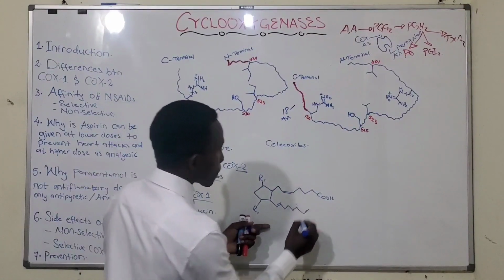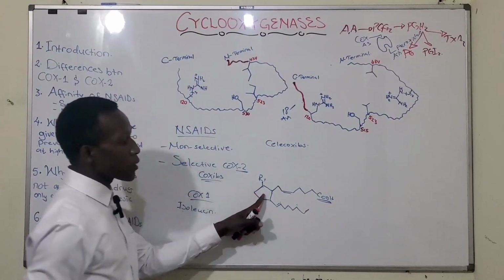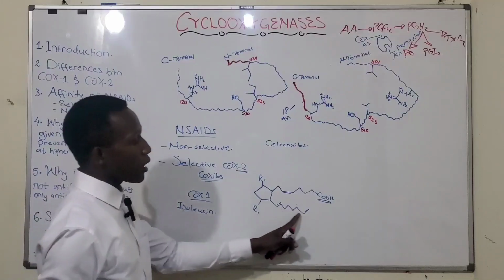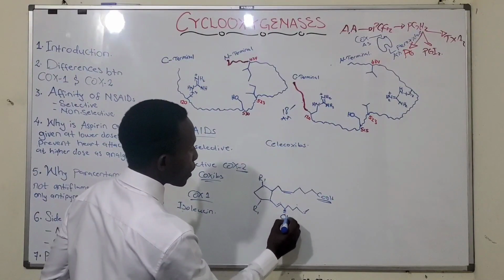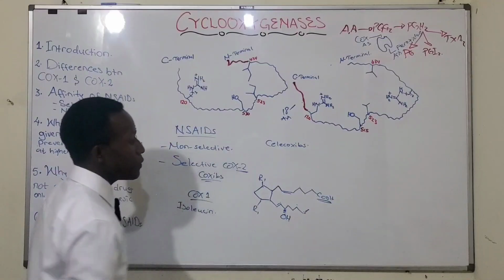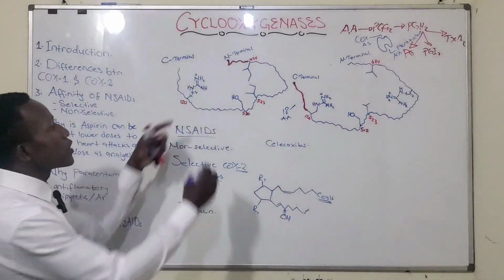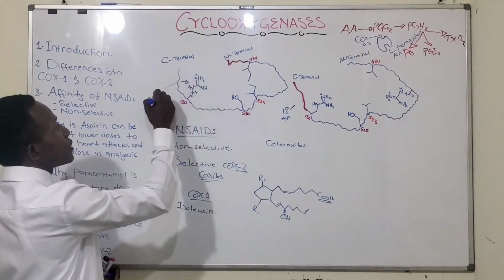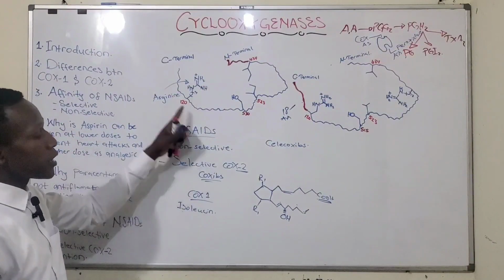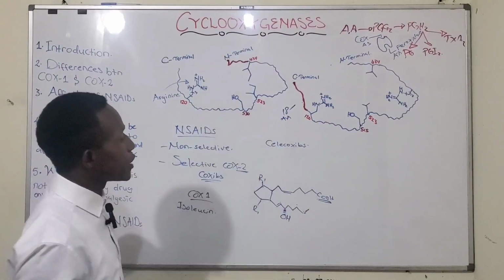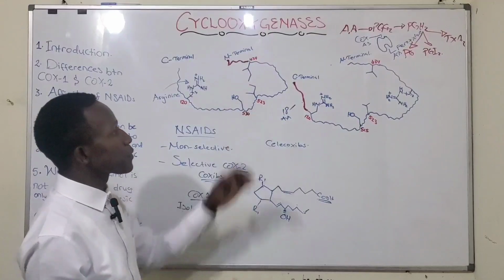This is just a sketch. They have the carboxyl group, this ring, and another chain with the alpha hydroxyl group. This one binds at this amino acid, the arginine. The carboxyl group binds to the arginine. Then these other parts bind to this position.